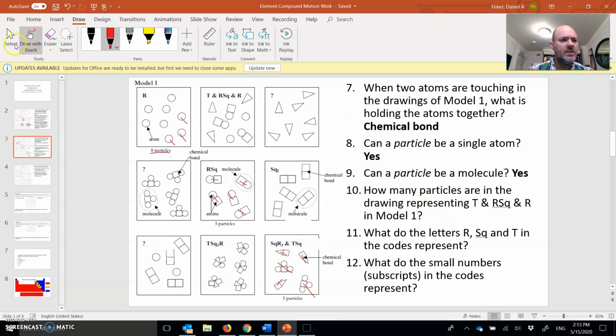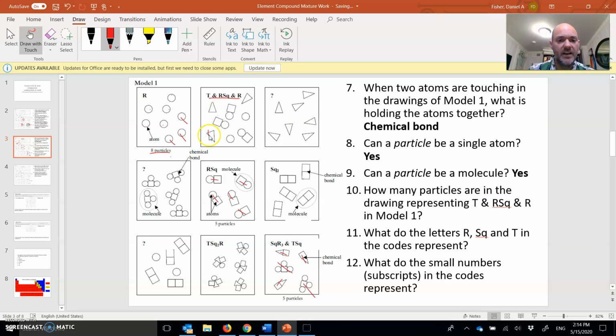All right, so now let's think about this. How many particles are in the drawing representing T and RSQ and R in Model 1? So let's find that. That is right here. And so I'm going to go through and I'm going to find, okay, a single atom by itself can be a particle, or a molecule can be a particle.